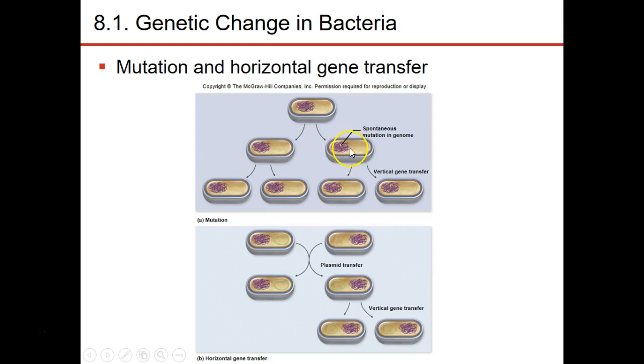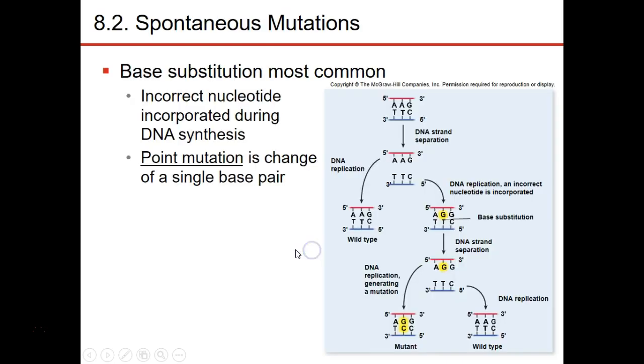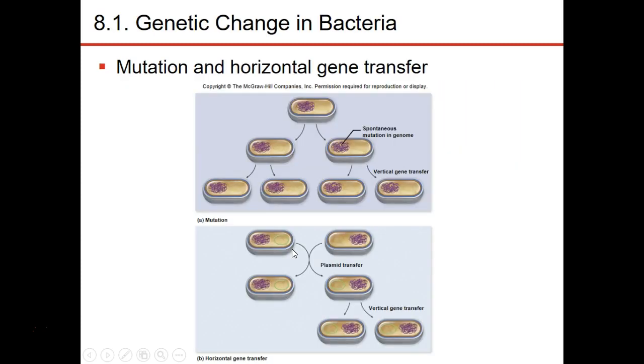And so now when this cell replicates and produces daughter cells, the daughter cells are going to have that same mutation. In horizontal gene transfer, you have two parent cells in the same generation that transmit genes either to each other or from one cell to the other cell. Sometimes they can swap, otherwise one cell will take from the other.